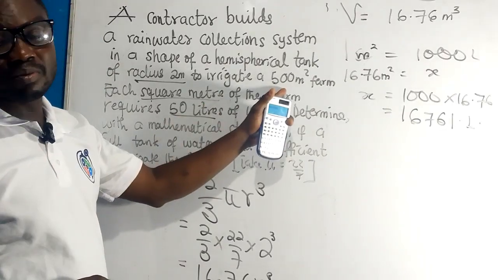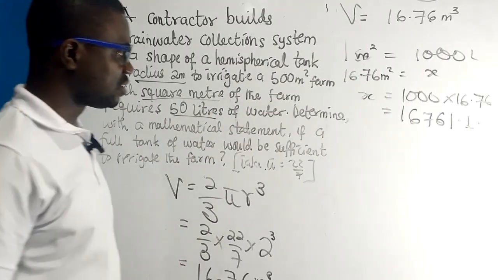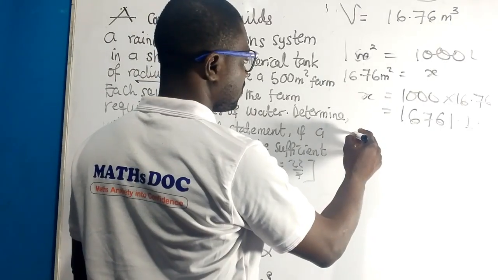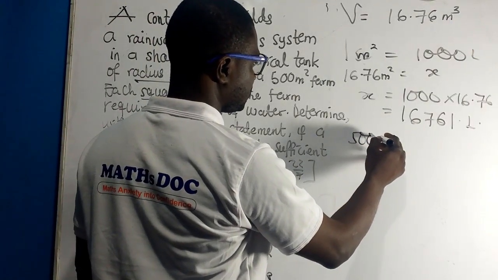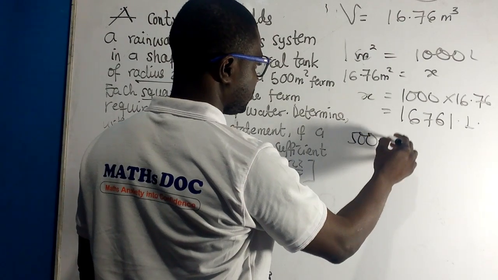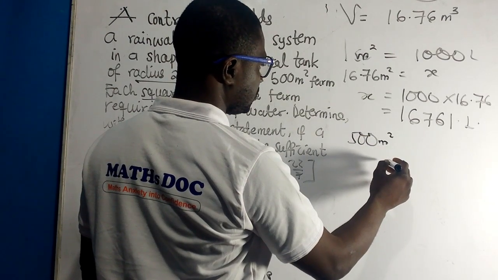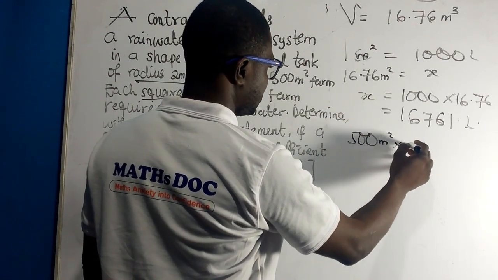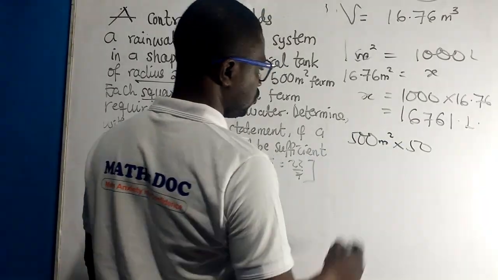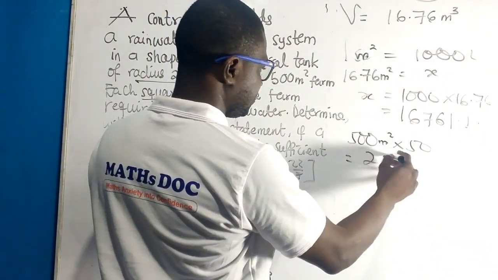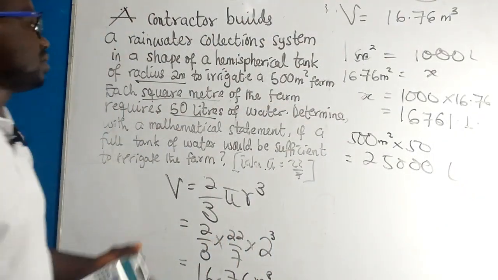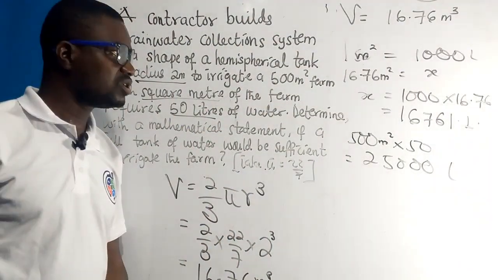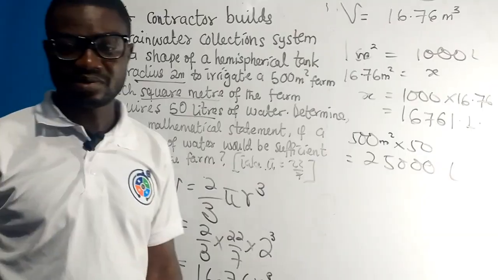So what will be 500 meter square? 500 meter square times the 50 will give us 25,000 liters. In terms of liters, that will give us 25,000 liters.